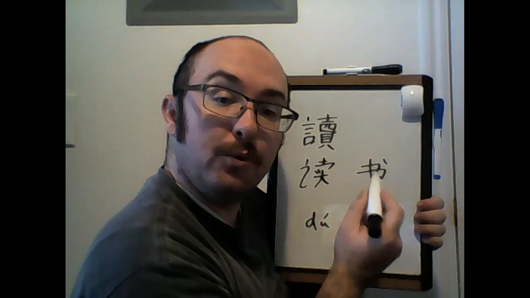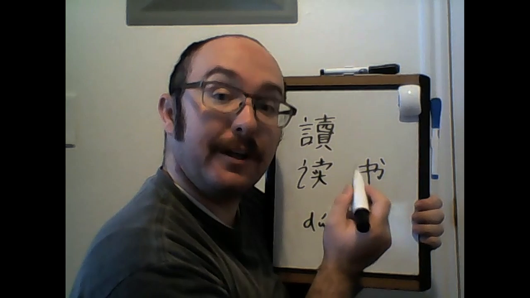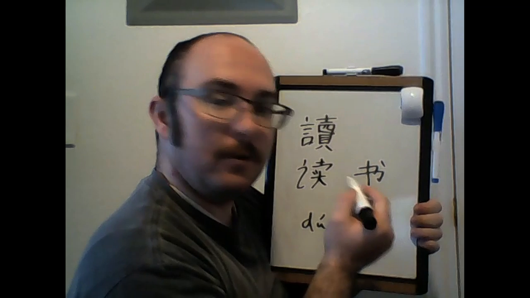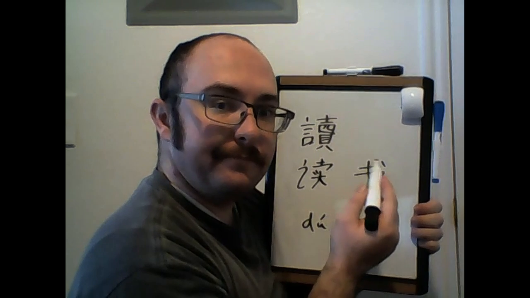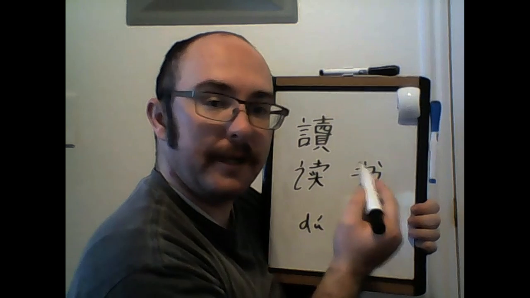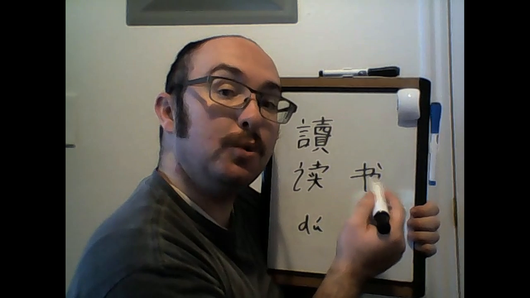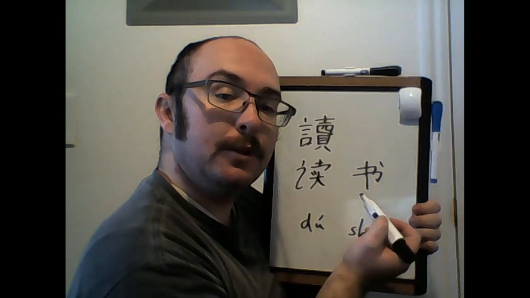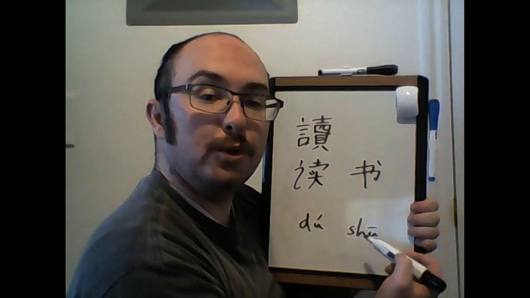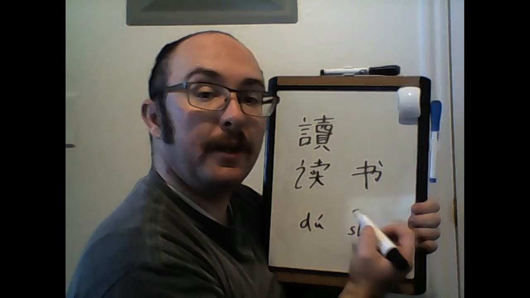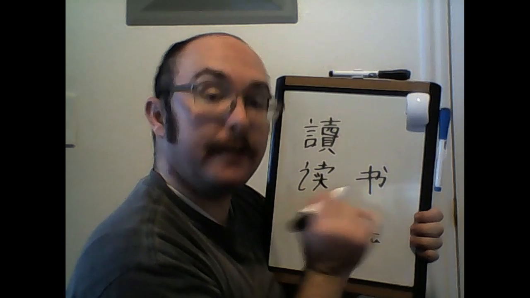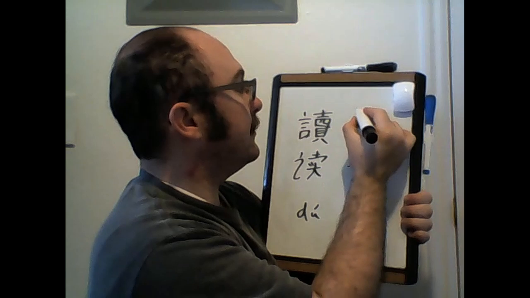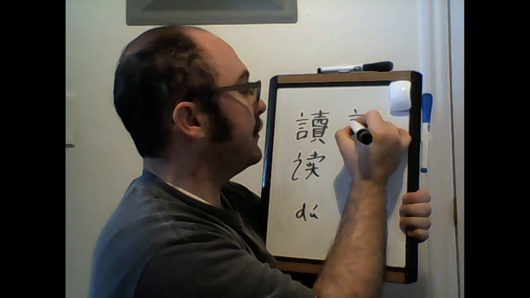And again, this 书 can be replaced with the name of a book or a type of book, like physics or poetry or anything like that. So 读书. Quick note about the traditional character. This bit right here can also be written differently, and you'll see this on occasion.